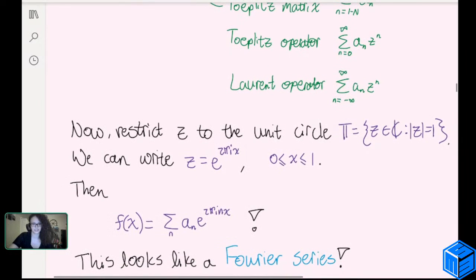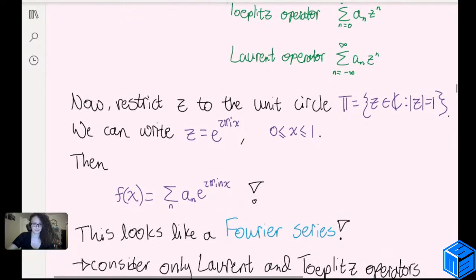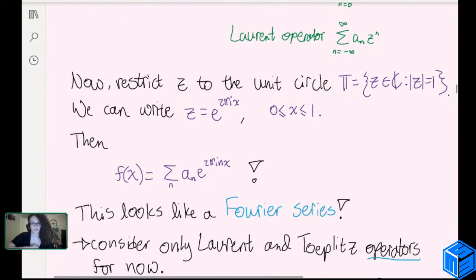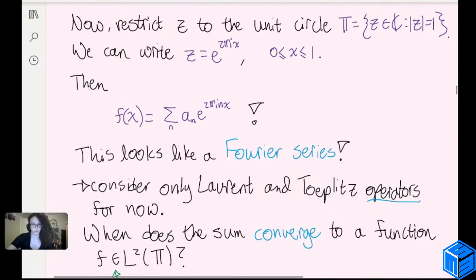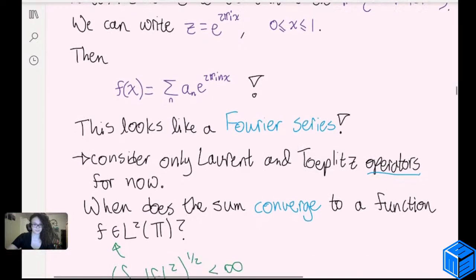And this is pretty special because this looks like a Fourier series. So we want to make sure that this is a Fourier series. So how can we do that? Well, we're going to consider only Laurent and Toeplitz operators for the time being, first of all. And we want to know when this sum here converges to a square integrable function over the circle. And so if this is satisfied, then we have a Fourier series.